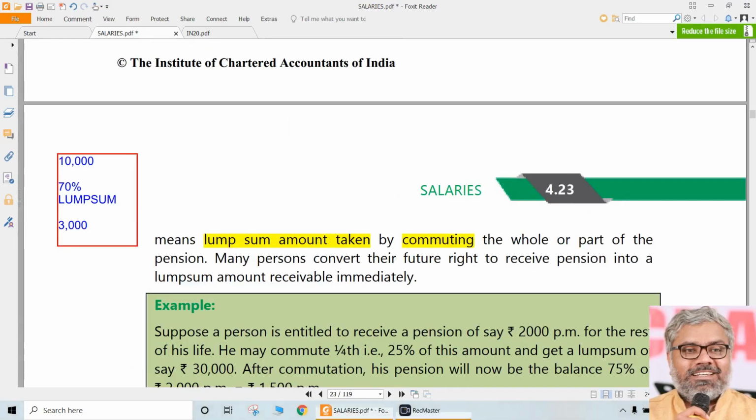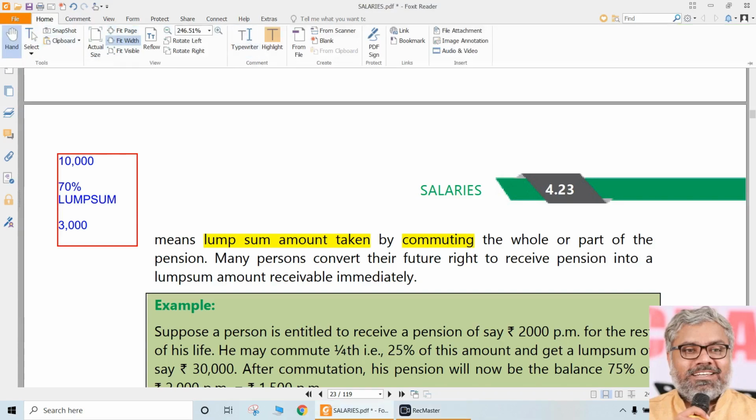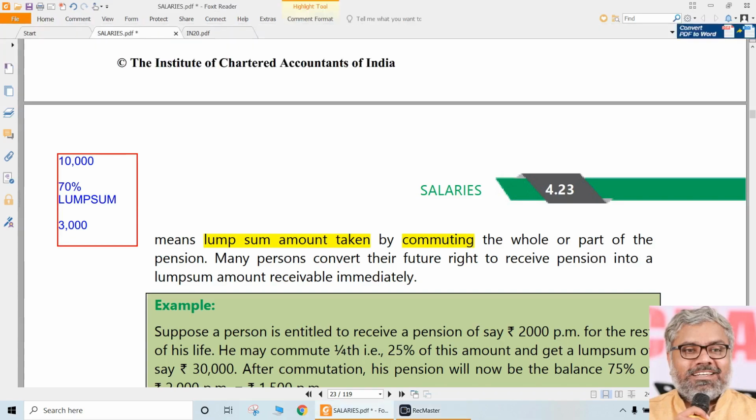If at all he has commuted the whole of the pension, which generally will not happen, just for understanding purposes, then in future the employee will not receive any uncommuted pension, because he has agreed to sacrifice 100% of his pension.